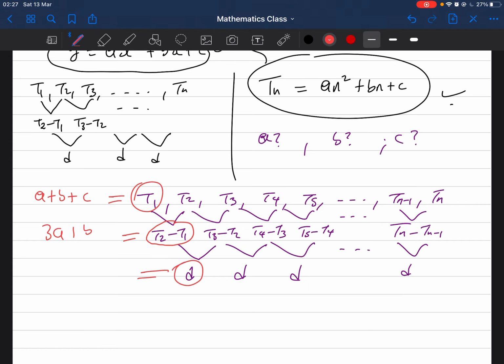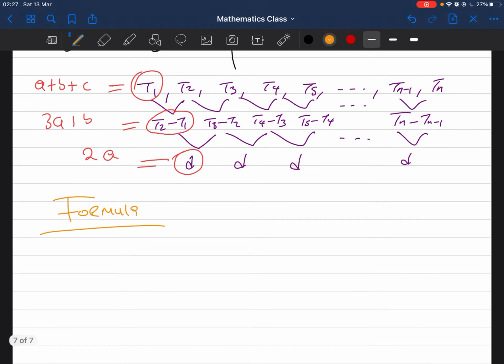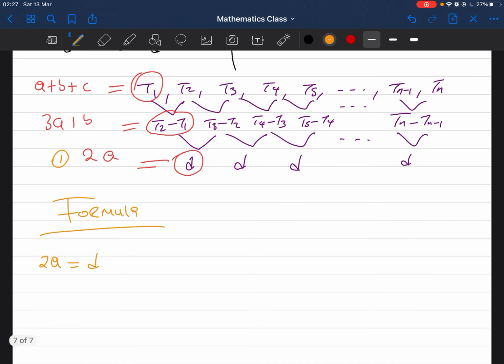And the second difference D is equal to 2a. So what we're taking away from this are these formulas. Let me write in different colors. The first one is 2a is equal to D.